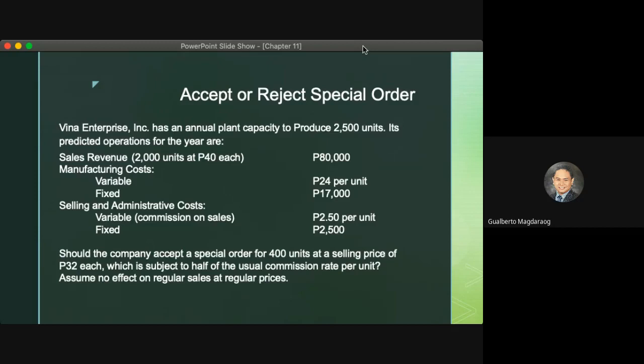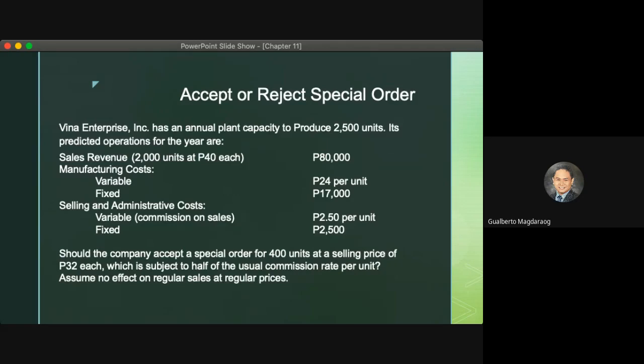Pero sa illustration natin, mas mura niyang binibenta. So kung ganyan, you have to consider also this might affect your regular customers. Sasabihin ng regular customers mo, ba't ganon? Special na nga lang yung kanya, mas mura pa siya. Baka mawalan ka ng customer. So, you have to consider that also.